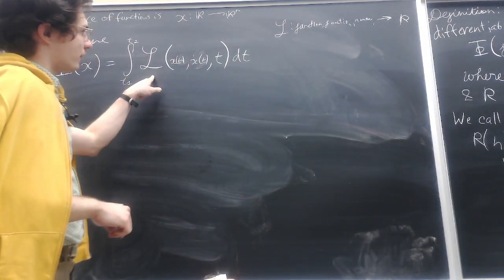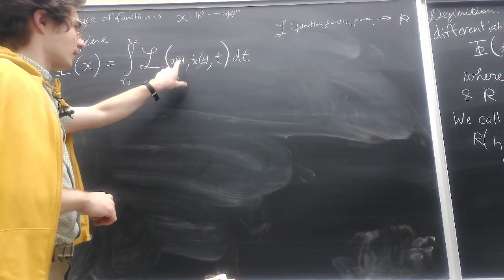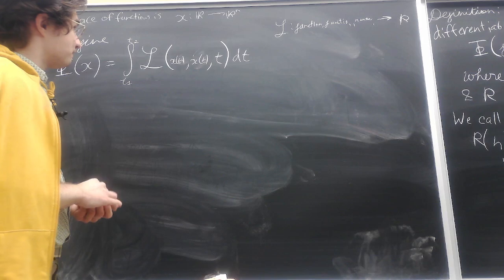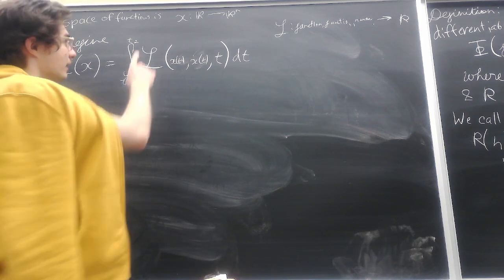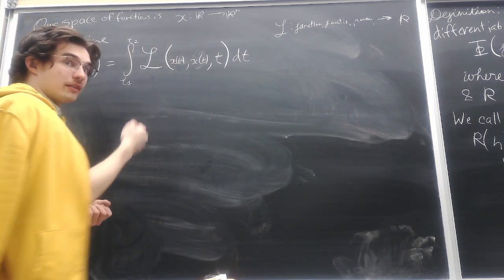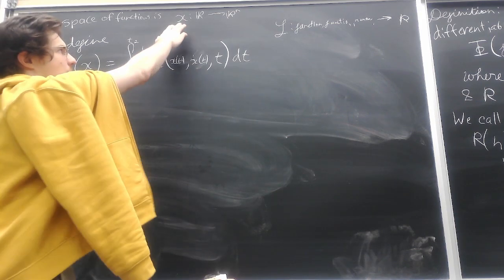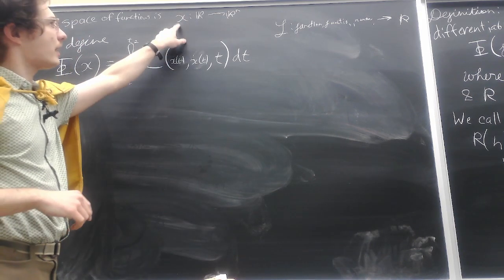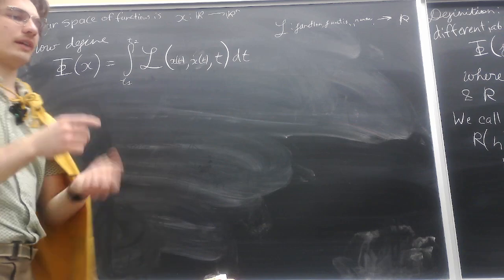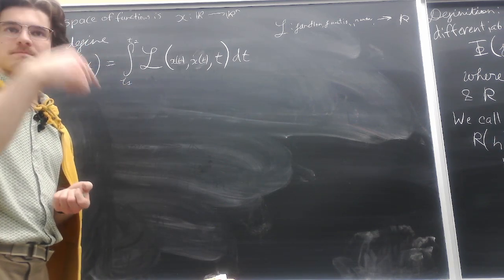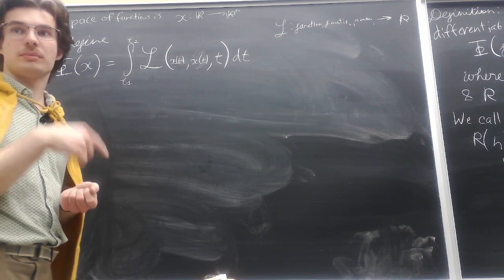I have this function, it takes in this and this. If I have an x of t, this is also some kind of path. When I write x, you should really think of it as the trajectory of something in space. That's what it's physically going to be in the end.